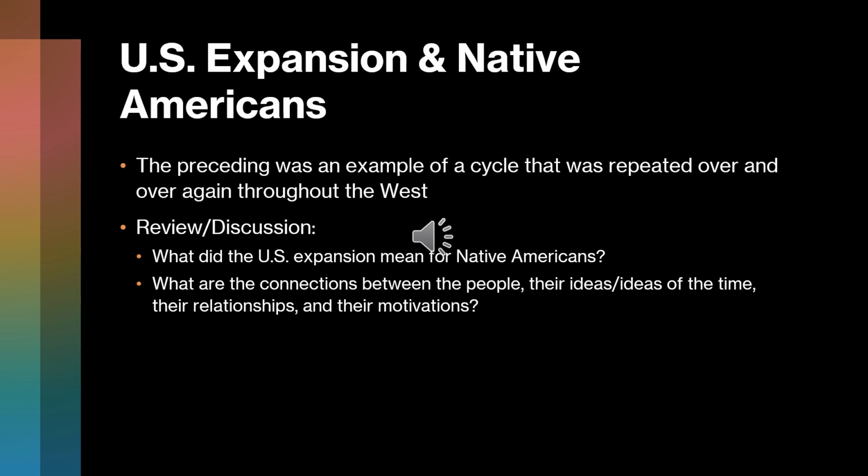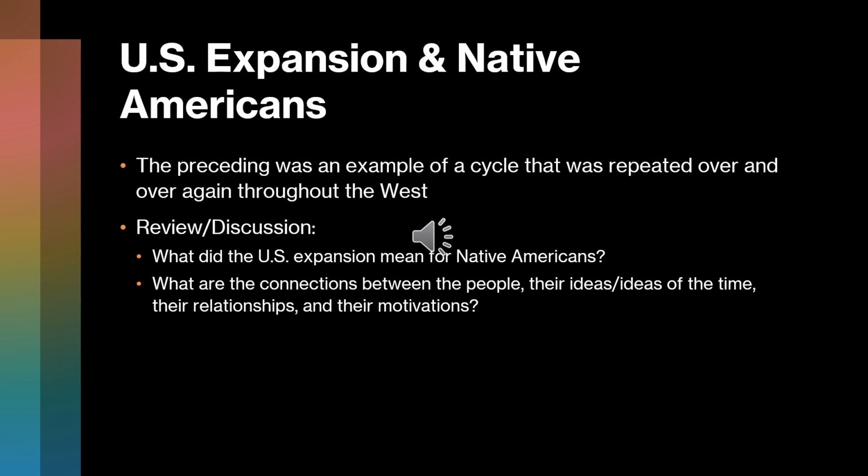Now, there were dozens upon dozens of native tribes throughout the West, and I just highlighted this one as an example to show you how Americans traveled through the region looking for properties, looking for minerals, looking for products that they could mine and sell, regardless of what the government said, regardless of what the restrictions were.